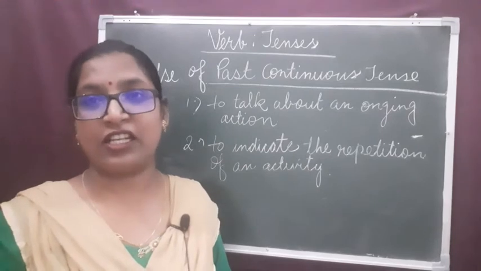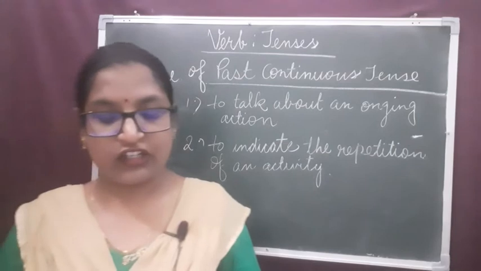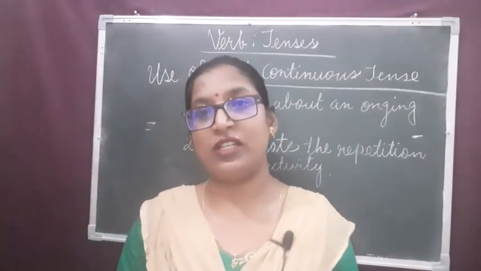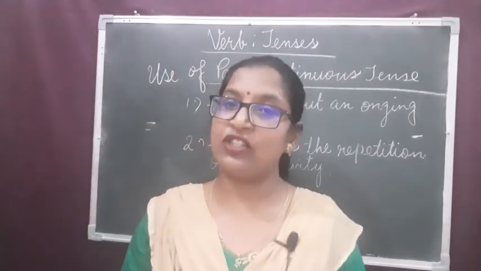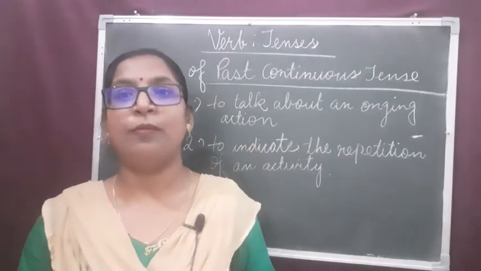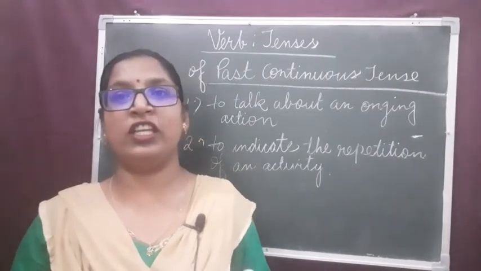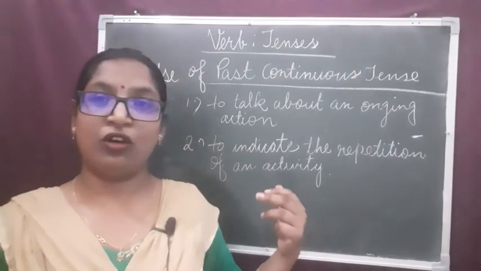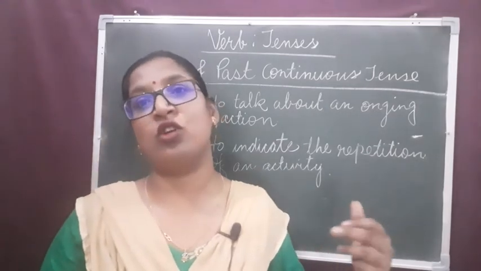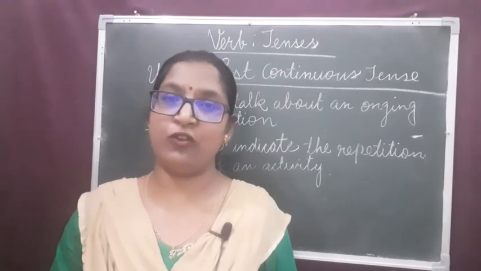What is past continuous tense? Once again, I'll revise. Past continuous tense is used to indicate an action that started in the past and continued for some time in the past. And the structure, I told you, we use the auxiliary verb was or were plus the main verb plus ing form.